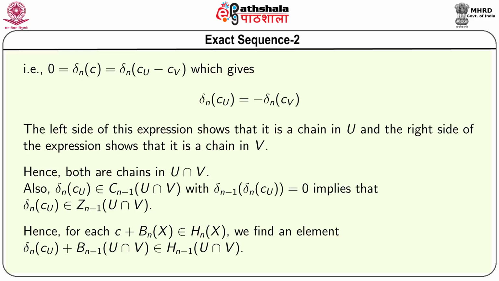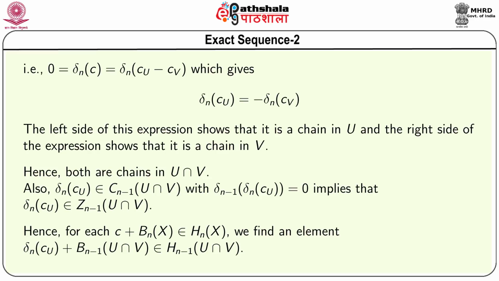The left side of this expression shows that it is a chain in U, and the right side shows that it is a chain in V. Hence, both are chains in U ∩ V. Also, ∂_n(c_u) is a member of C_{n-1}(U ∩ V) with ∂_{n-1}(∂_n c_u) equal to 0, which implies that ∂_n c_u is a member of Z_{n-1}(U ∩ V).